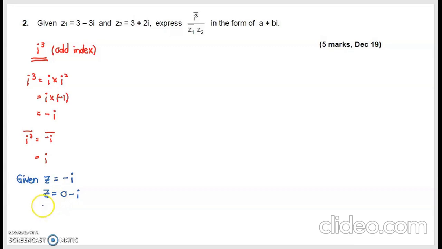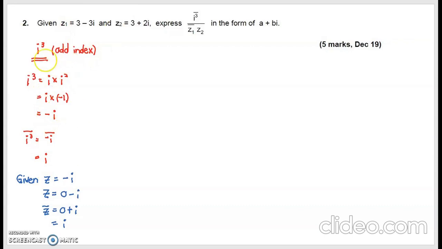So the conjugate of z is 0 plus i, or we can write it as i. So if z is negative i, the conjugate of z is positive i. Same thing happens here. The conjugate of i cubed is the conjugate of negative i, so the conjugate of negative i is positive i.